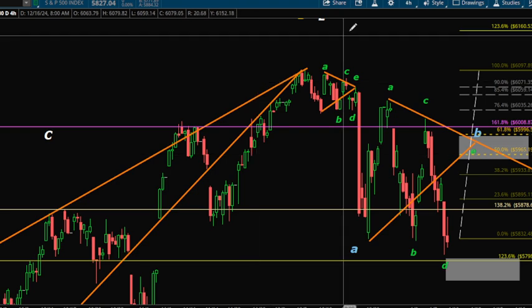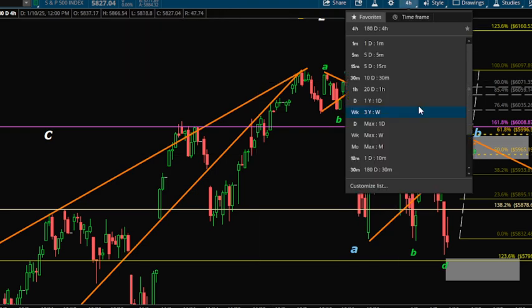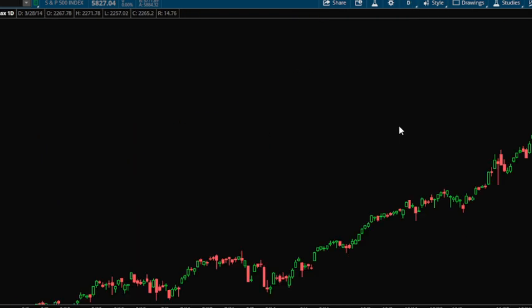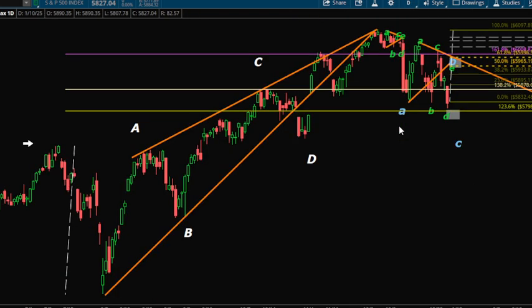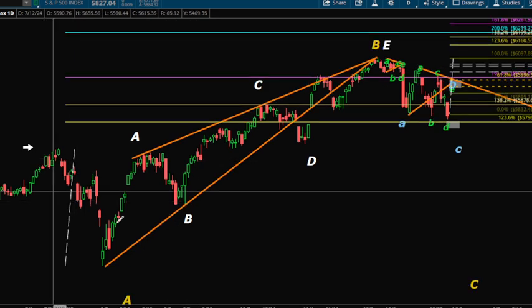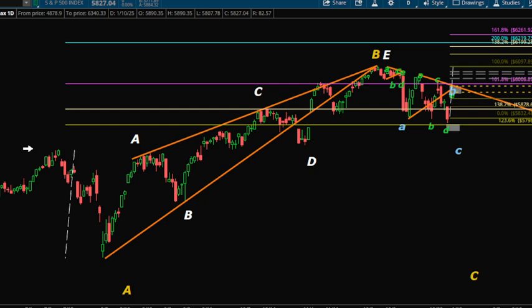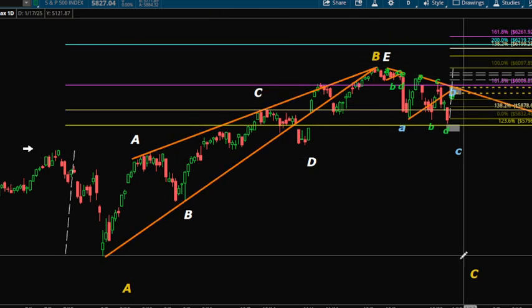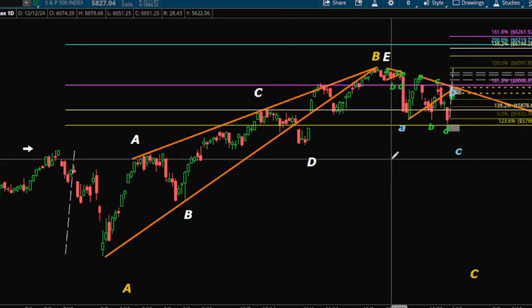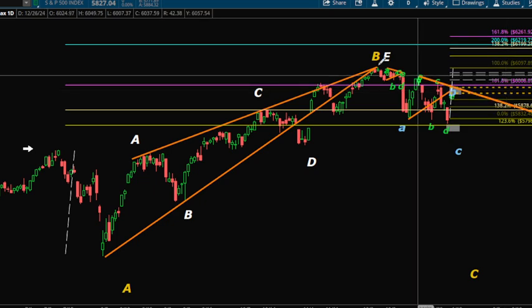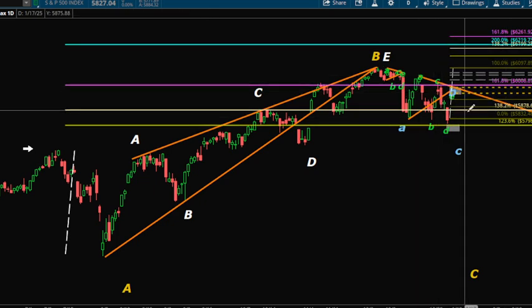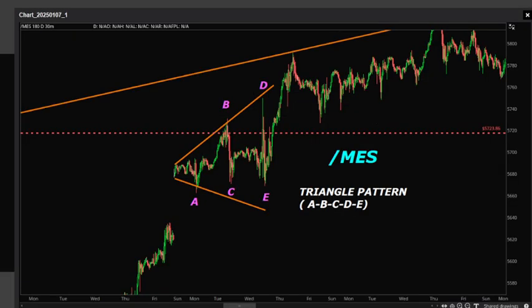And then one last thing I want to point out. Here's going back to the daily time frame. Remember, I said this is an A down in yellow, B up in yellow, looking for a C down. This is an expanding flat that I'm predicting. Don't know if it's going to happen. We have to watch the internals. So let me just show you one more time the expanded flat.